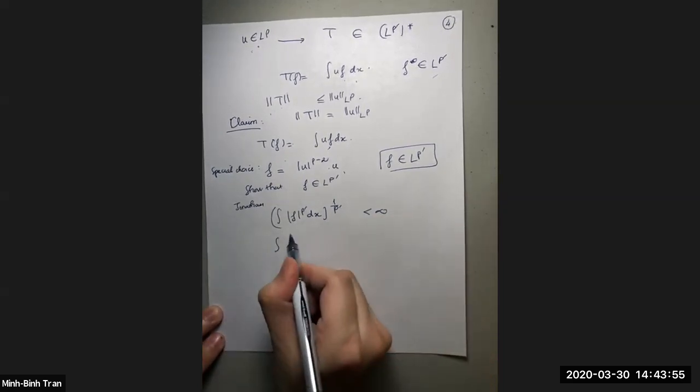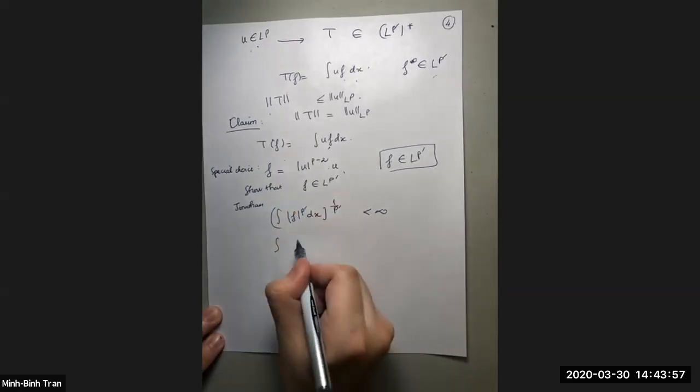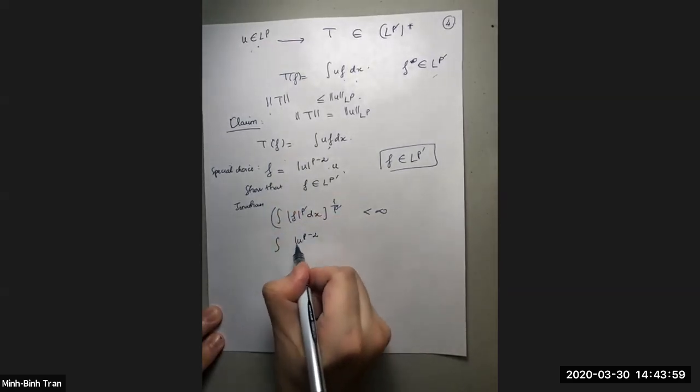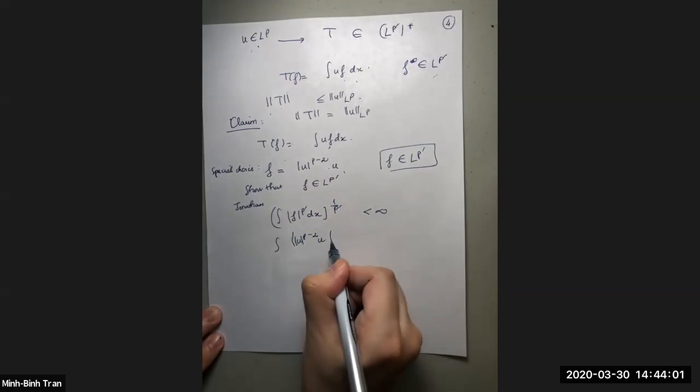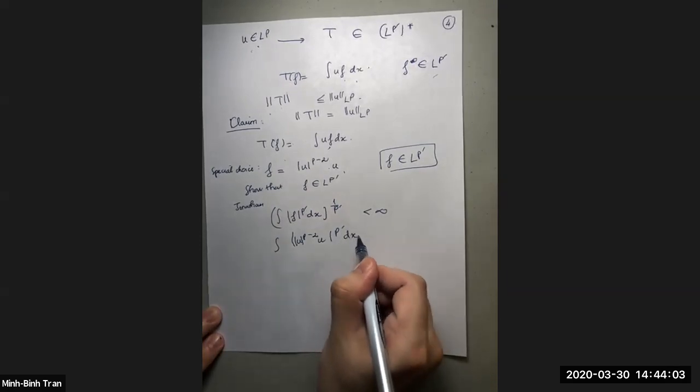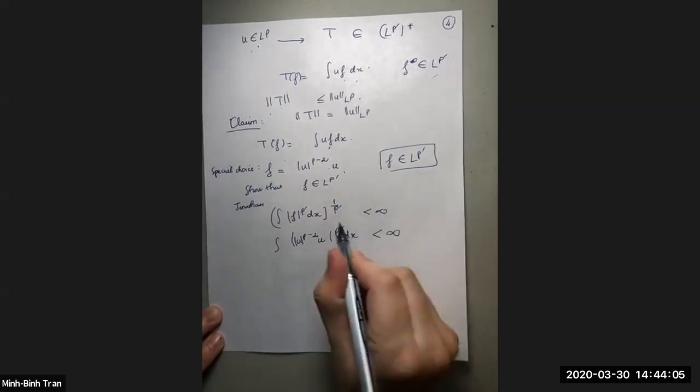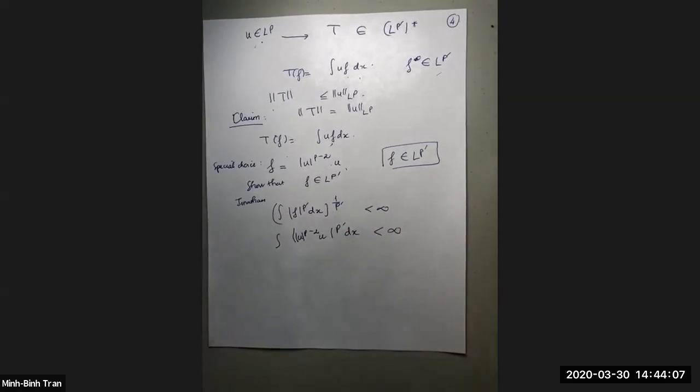So how do we do it? We're going to plug in |u|^(p-2) times u, and then I have the power p' dx. I can forget about the 1 over p' outside because if I can show this thing, then it's fine. All right. So I replace f to be |u|^(p-2) times u to the power p' dx.